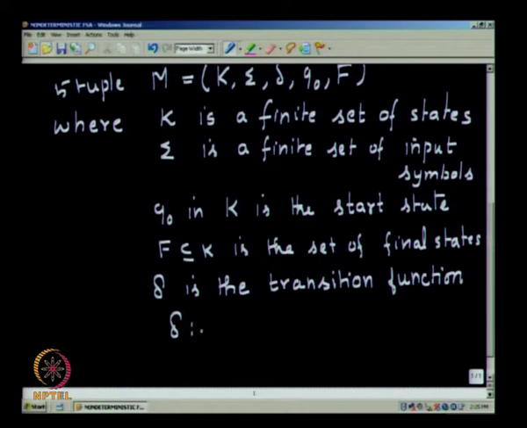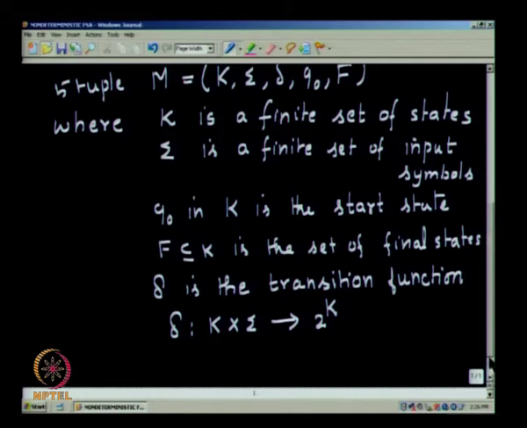Delta is a mapping from K into sigma into the subsets of K. Now, we have to define what is the language accepted and how transitions can be represented.